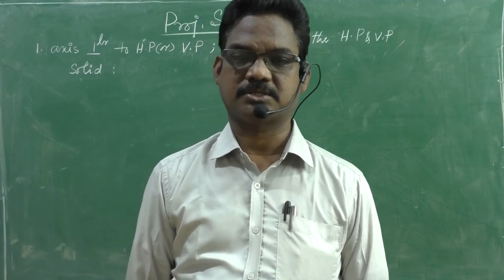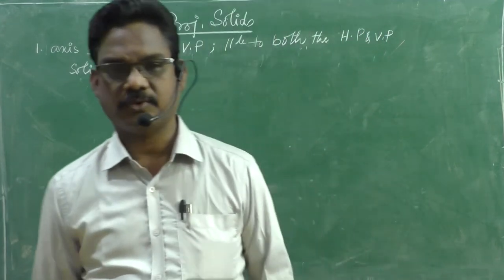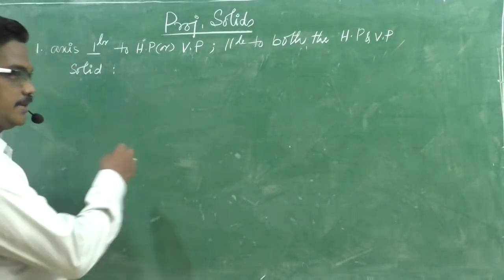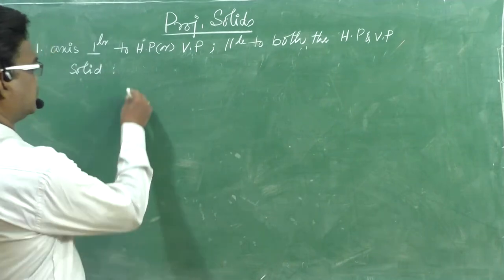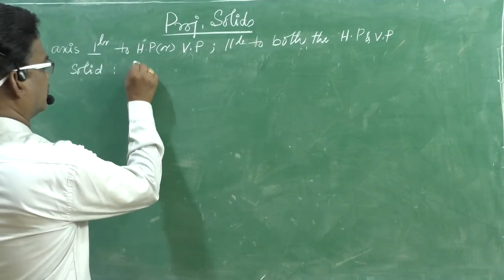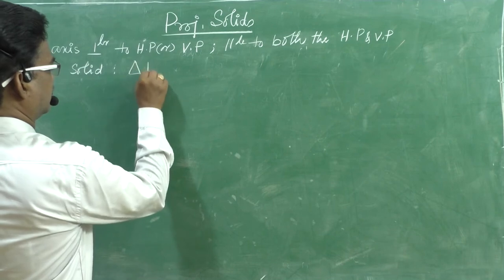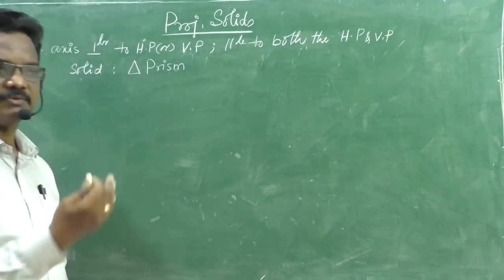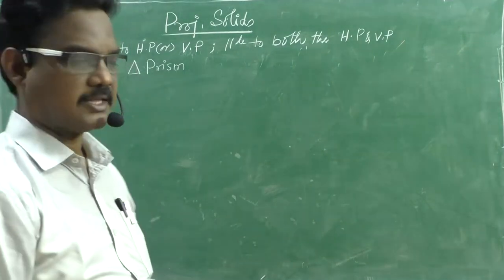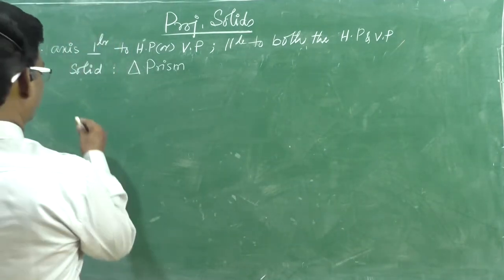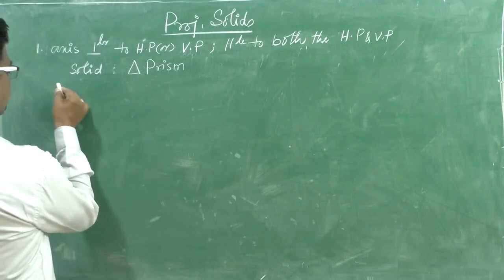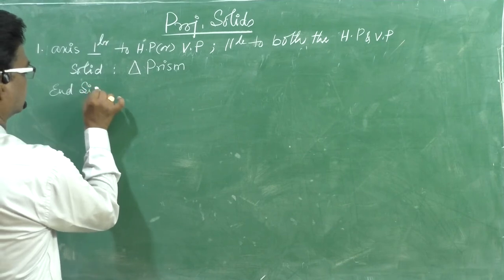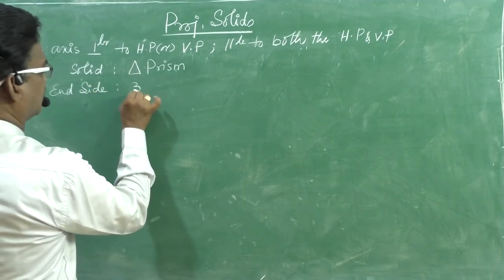Draw the projections. Right. Now we will observe the given solid and given data. The given solid is a triangular prism. That means both the end faces are equilateral triangles. Now, the base side or end side is 30 mm.